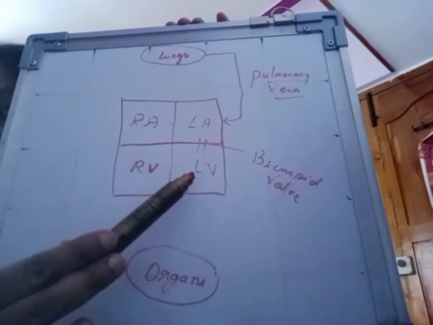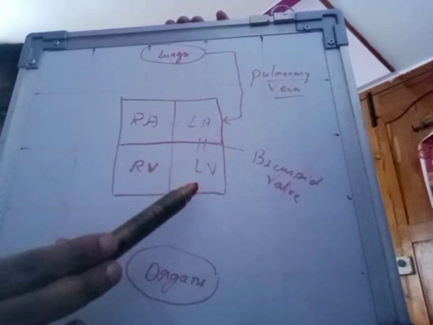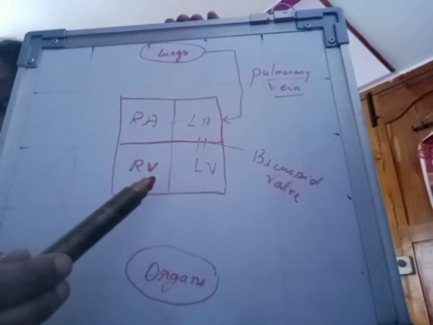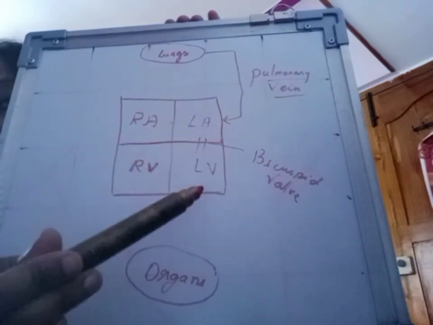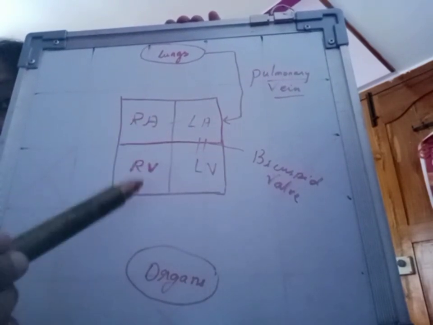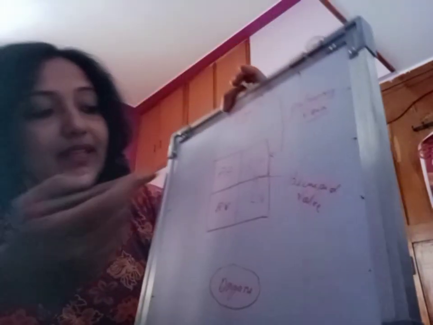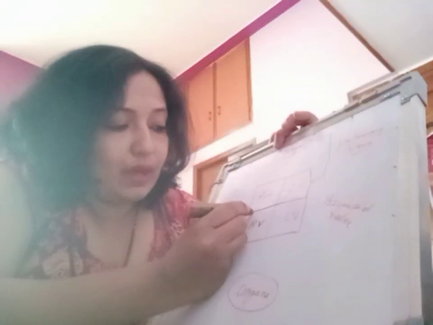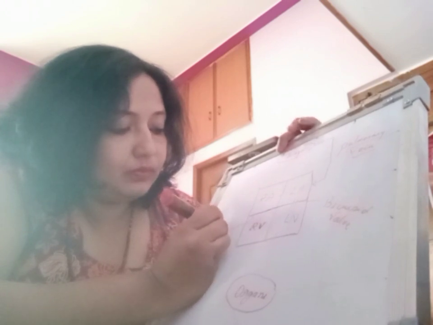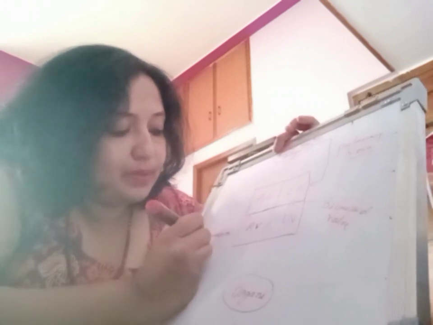The left part has the left atrium and the left ventricle, and the right part has the right atrium and the right ventricle. Between the left atrium and the left ventricle there is a bicuspid valve, and between the right atrium and the right ventricle there is a tricuspid valve.